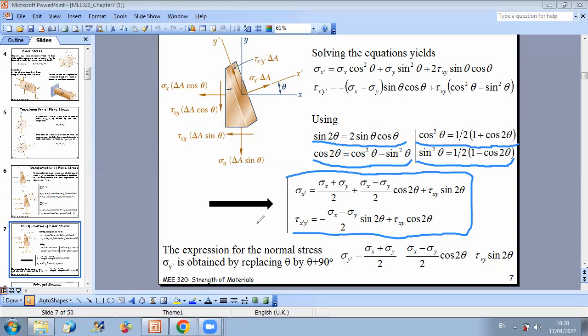You know that for a circle, the equation is exactly similar to this expression, because you can say that if I take this term to the other side, this is the coordinate of the center. The center of the circle will have coordinates sigma x plus sigma y over 2 and 0. And you have that here you are multiplying these terms by cosine of a certain angle and sine of this angle.